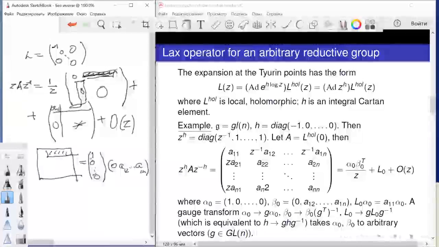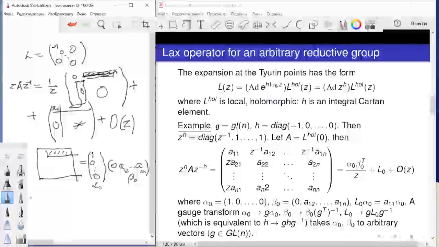If we multiply this column by this row, we just obtain a quadratic matrix of this form. Denote it by alpha 0 and this by beta 0.